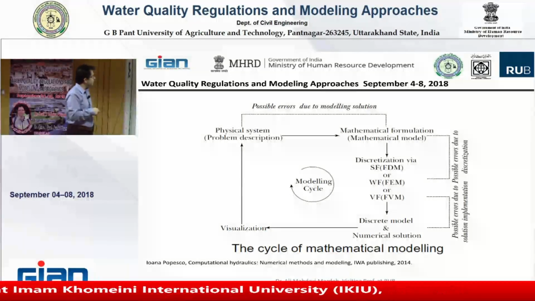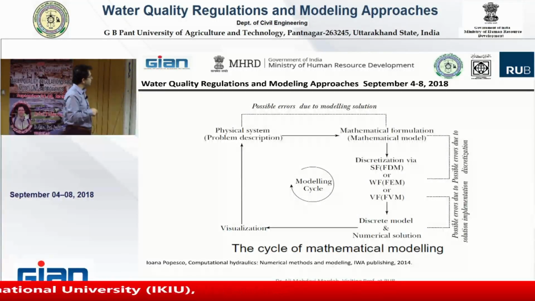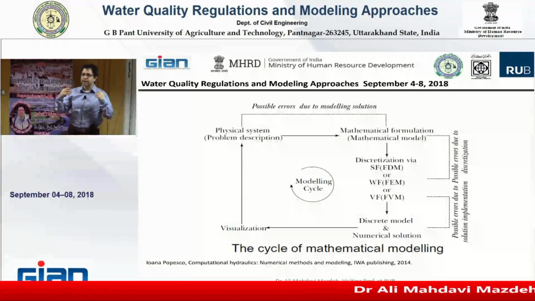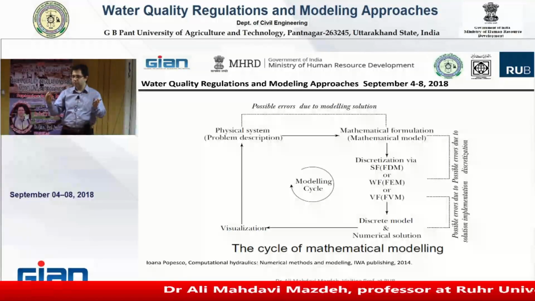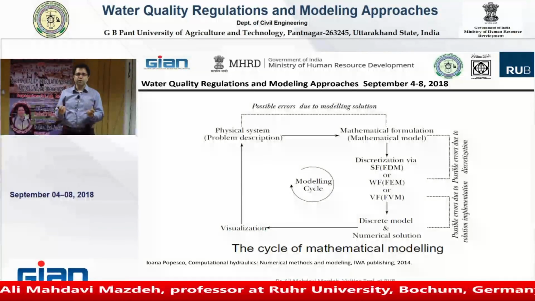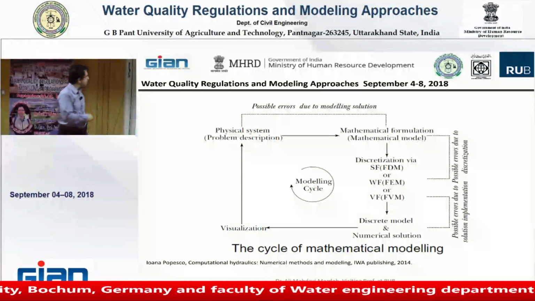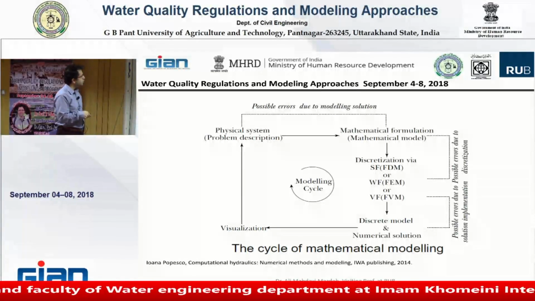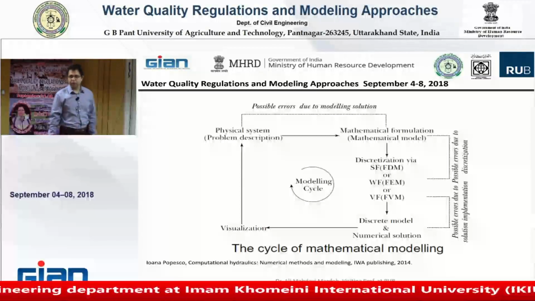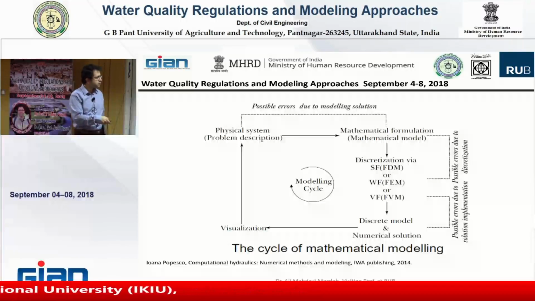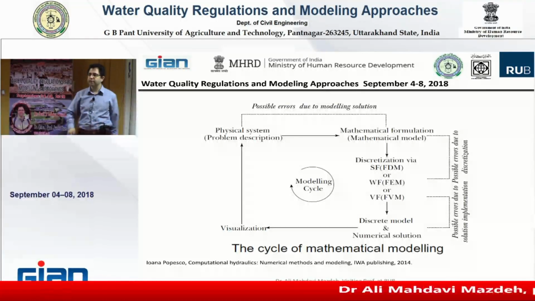So we are starting from here, physical system or problem description. At first, you will have a description of the physics of the phenomenon that you are going to model, and from that you go to the mathematical formulation. You have, for example, the story that we have here, the water behind the dam.